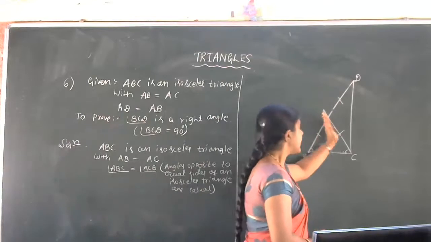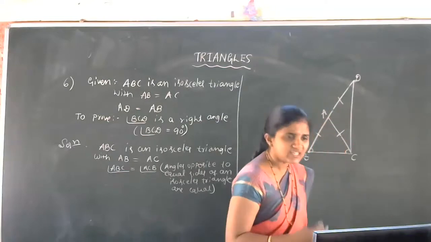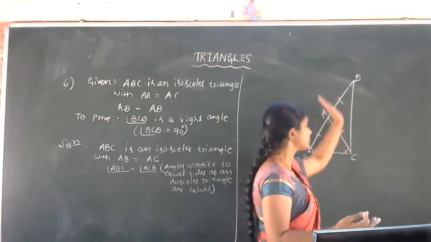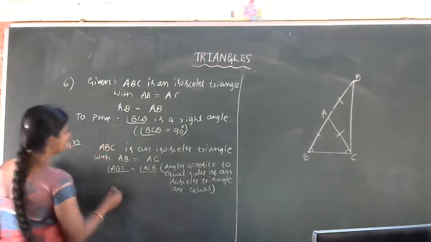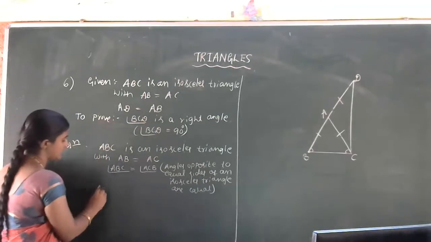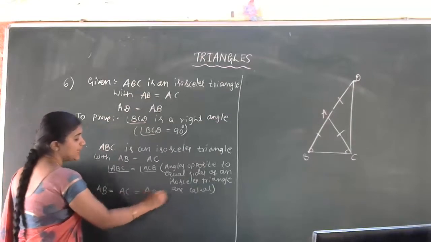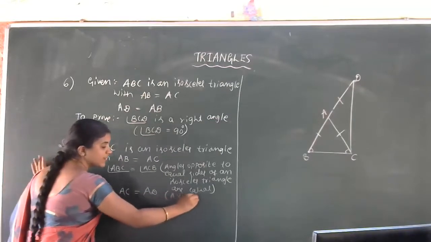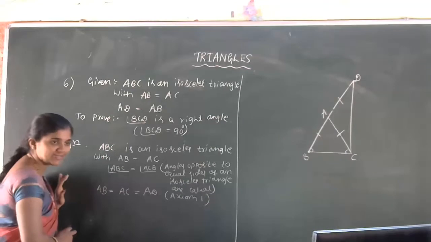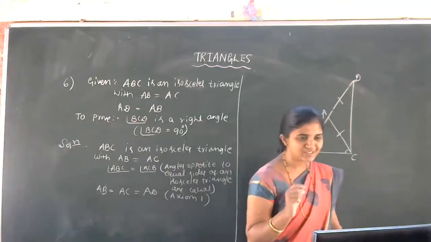So in triangle BDC, we apply the angle sum property: angle B plus angle D plus angle C is equal to 180 degrees. What is the next step?